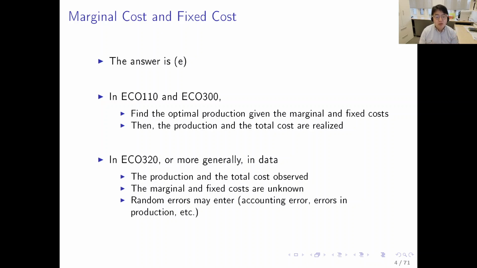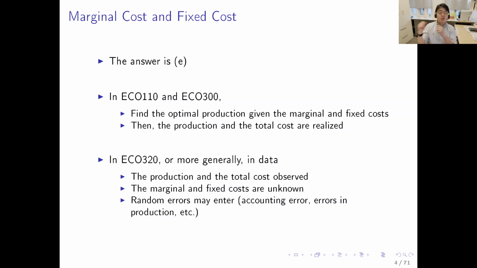I don't know the cost. Even the CEO, the leader of that firm, may not know exactly how much the marginal cost and the fixed cost are. Instead, I know the price, and we can see how many iPhones are sold. What we observe is the quantity and the price, not the cost parameters.